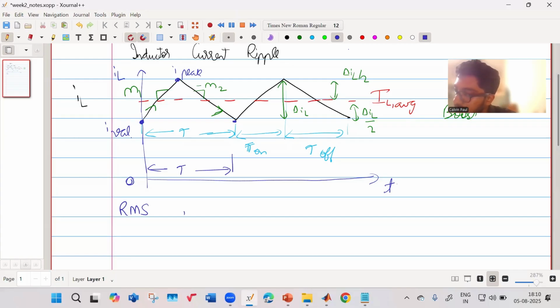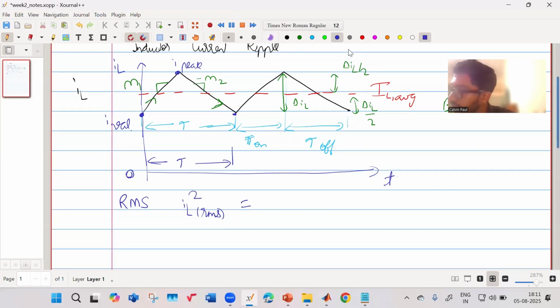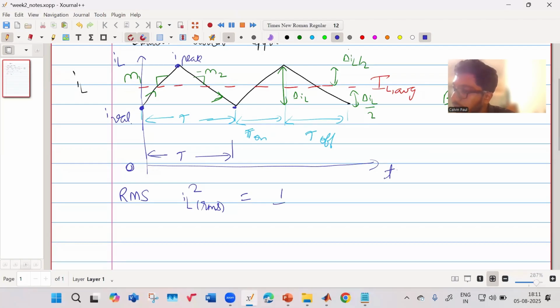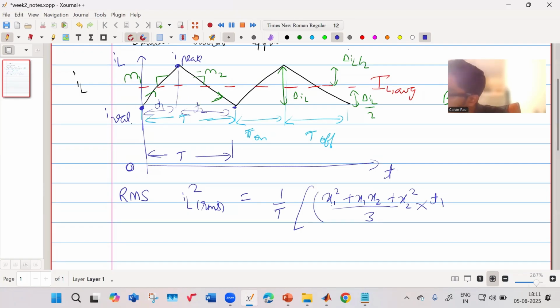So your IL RMS square will be equal to, as per sir's formula, 1 by T and (x1 square plus x1 x2 plus x2 square) upon 3, where x1 is your I valley, x2 is your I peak, into your T1, that is this time T1, and this your time T2, plus again from here to here.